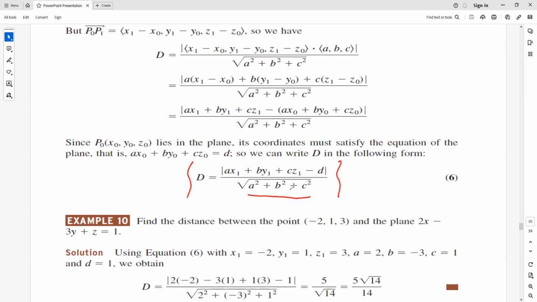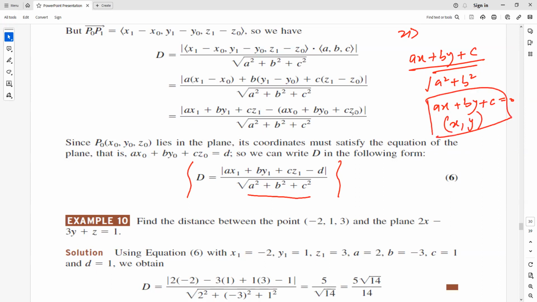Here we have square root of a square plus b square plus c square, whereas in the 2D case we have ax plus by plus c over the root of a squared plus b squared, for the equation ax plus by plus c equals 0 and the point x comma y. All right, so we find the distance. In the 3D case, this will be the formula.